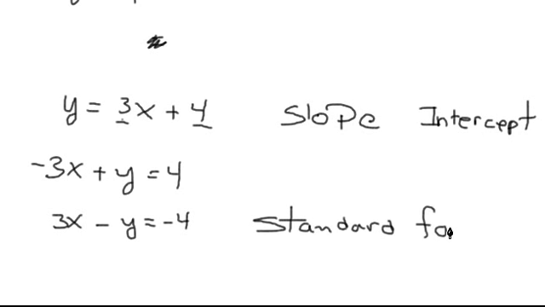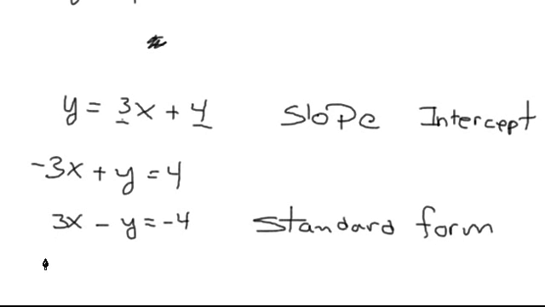So they may ask you, given the slope-intercept form, write it in standard form. You should be able to take the standard form and find the x-intercept, the y-intercept, connect the points, and so forth, and find the slope, of course, coming from the standard form.